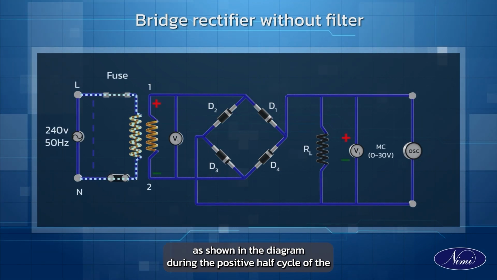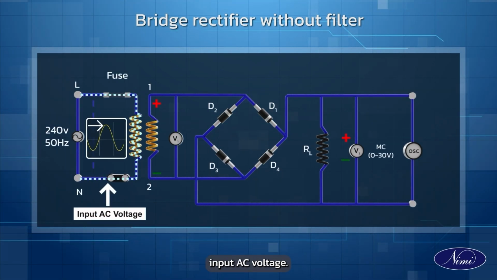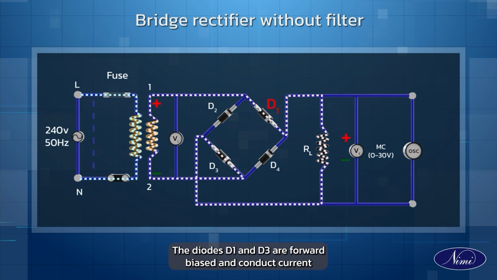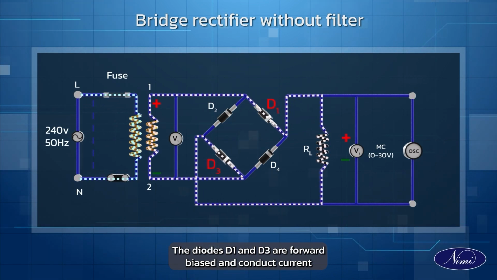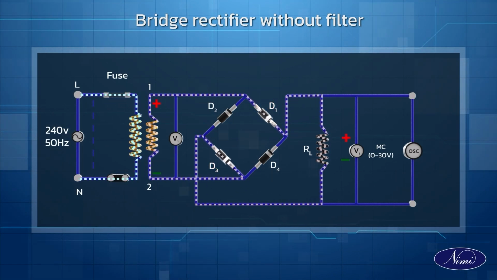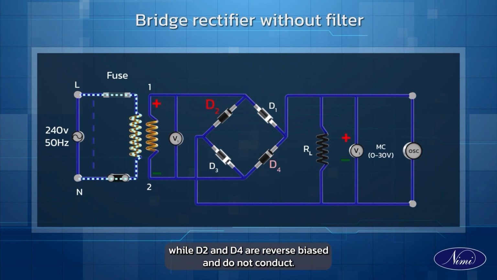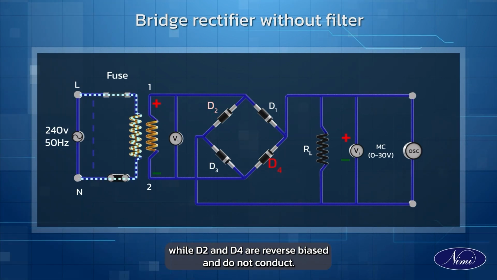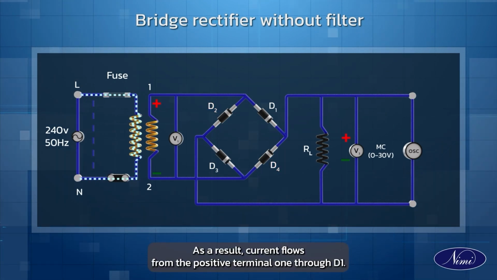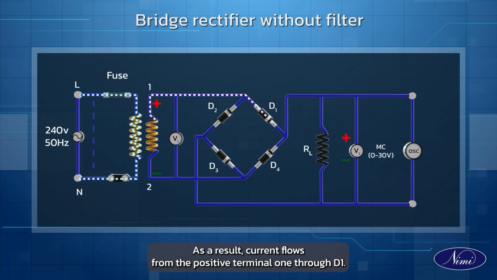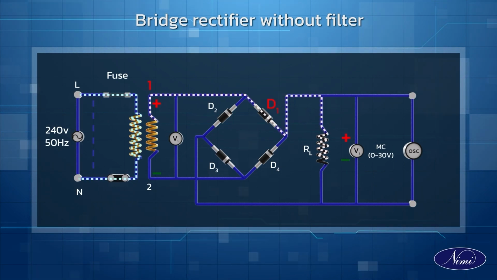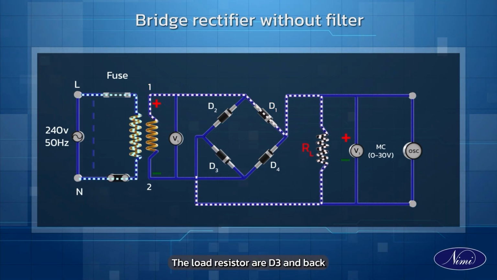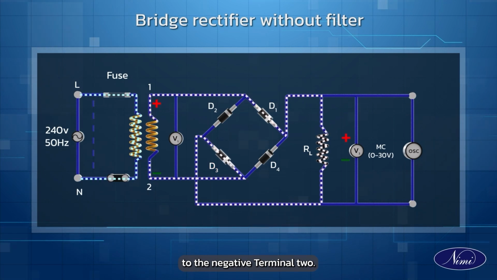During the positive half cycle of the input AC voltage, the diodes D1 and D3 are forward biased and conduct current, while D2 and D4 are reverse biased and do not conduct. As a result, current flows from the positive terminal 1 through D1, the load resistor R, D3 and back to the negative terminal 2.